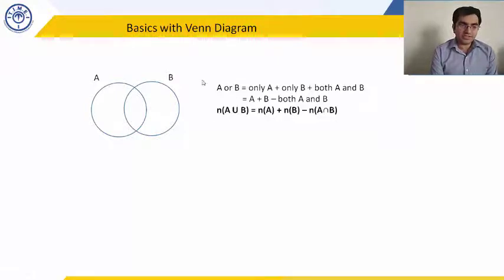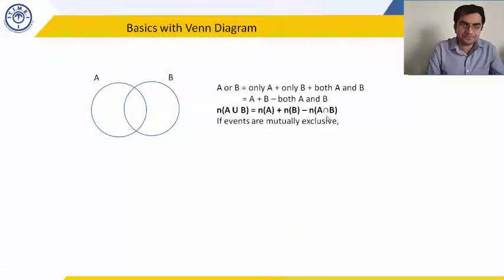Now, OR is written as union, and AND is written as inverse U. It is called intersection. A and B, the number of students studying both A and B, is called intersection, A intersection B. It's just a notation.